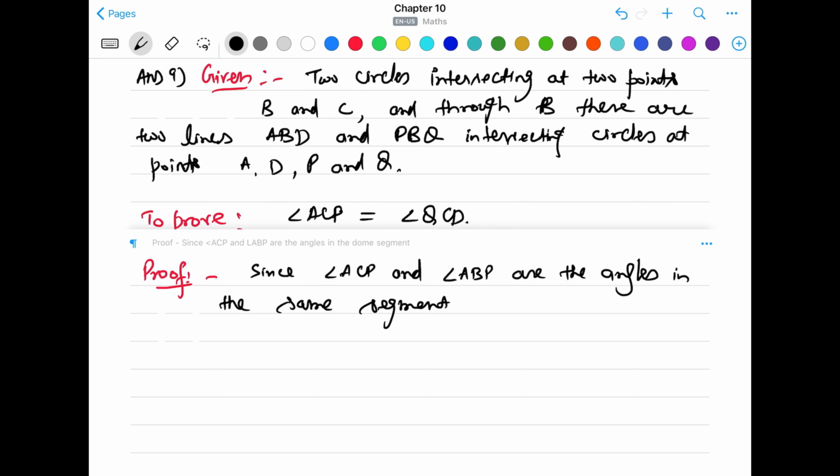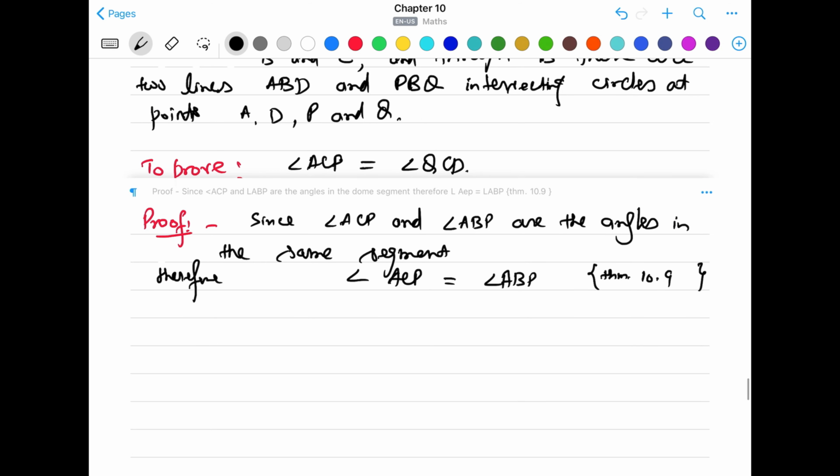That means they are the two angles in the same part of the circle, same segment. Therefore, angle ACP will be equal to angle ABP. This is by theorem 10.9, which says angles in the same segment of a circle are equal. So let's name it equation number 1.